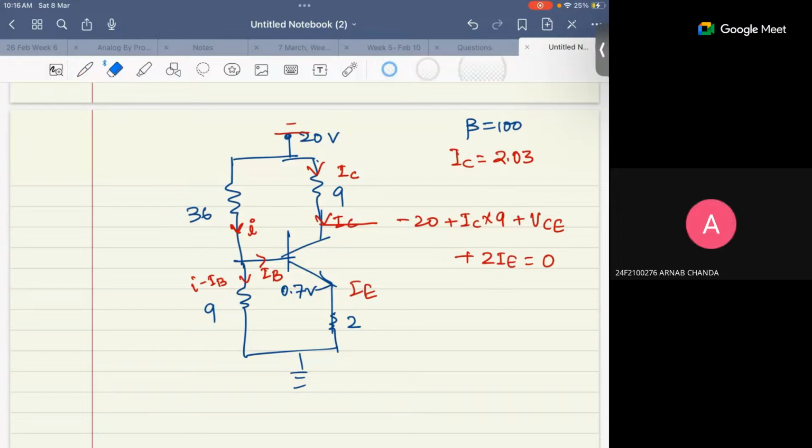VCC is 24, that is the supply voltage. Then 24 equals 0. So IC is already known, we have to find VC.